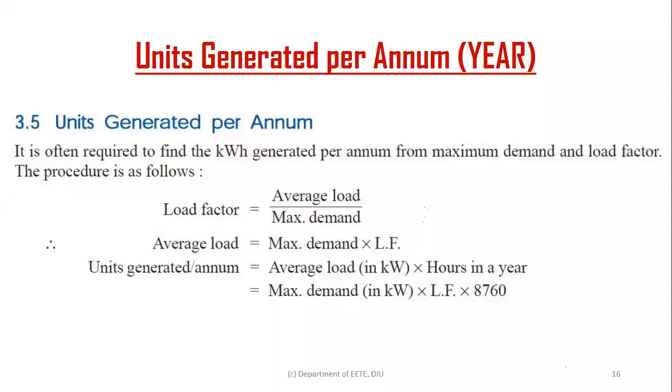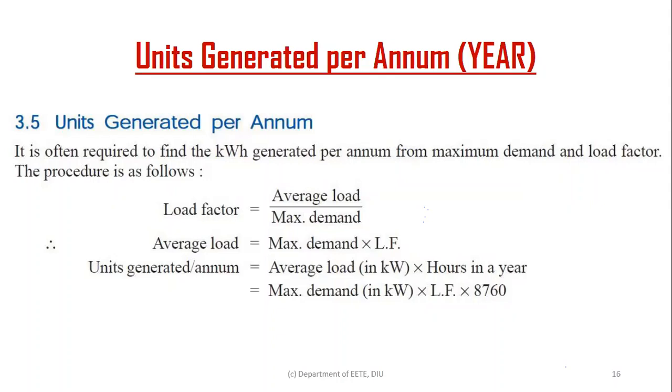How do we develop it? We know the load factor equals average load divided by maximum demand. We just cross multiply, so the average load will be the maximum demand into the load factor. And we all know average load throughout the year.